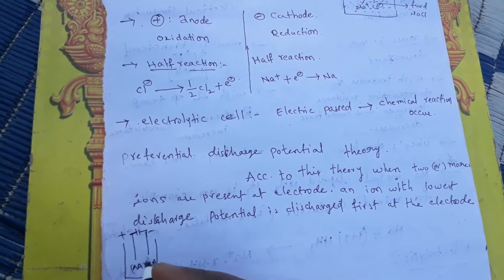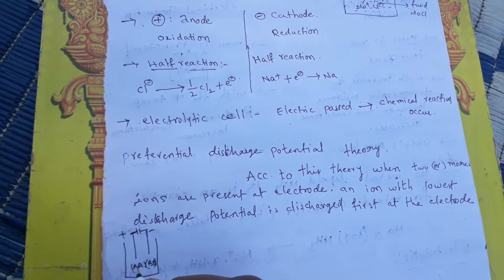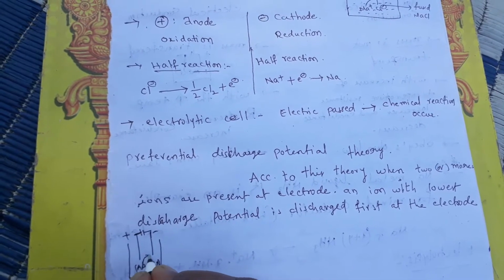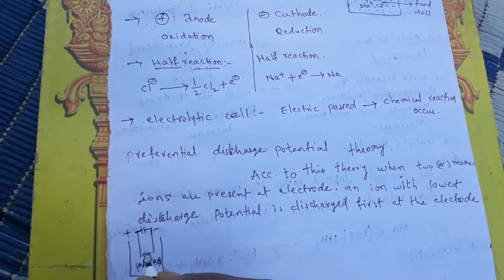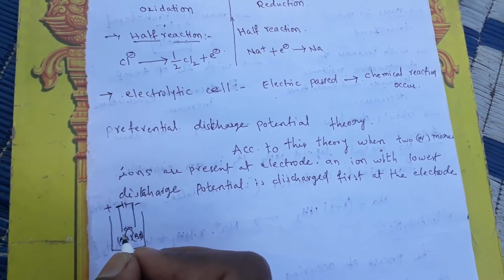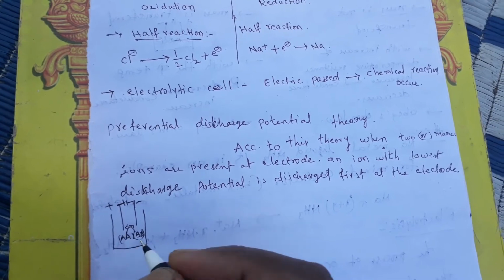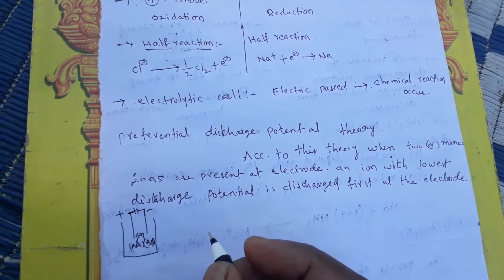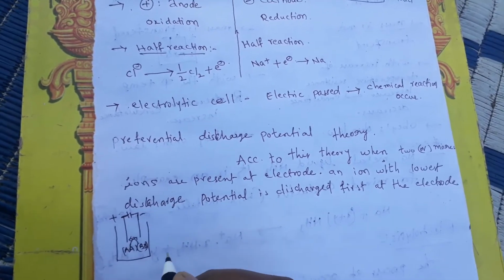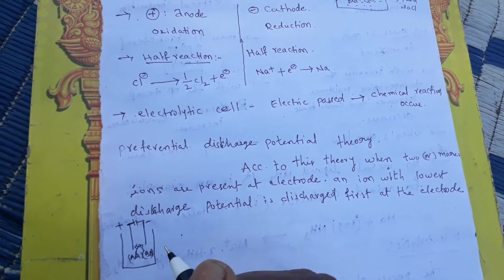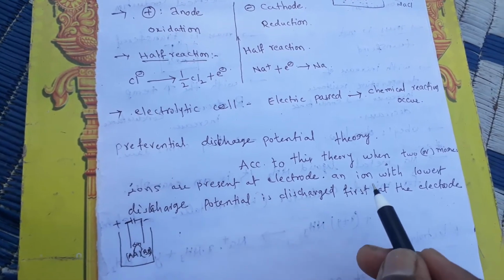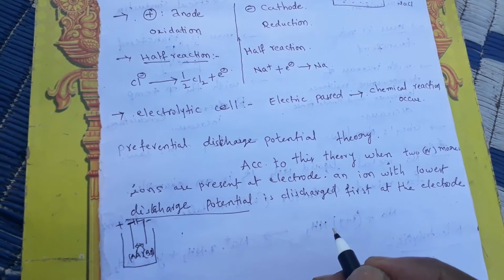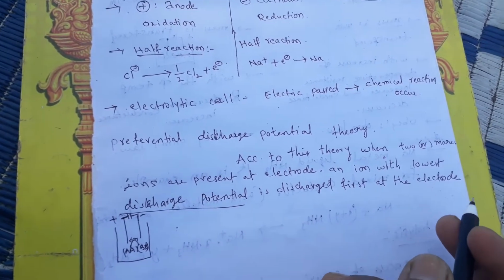If they are different cations or different anions, which ion should go to this side and which to that side, which ion is discharged at the electrodes? That is the preferential discharge potential theory. So according to this theory, when two or more ions are present at an electrode, an ion with the lowest discharge potential is discharged first at the electrode.